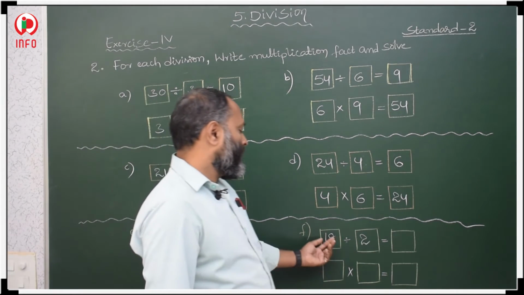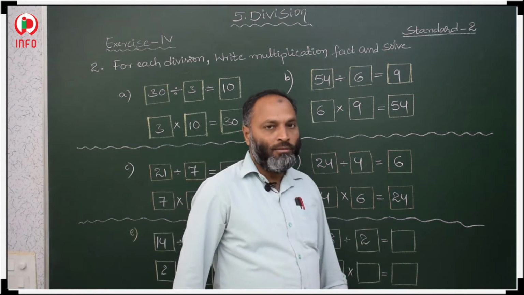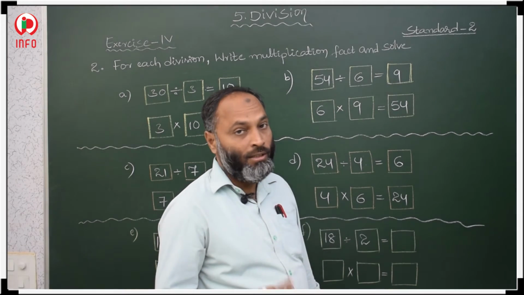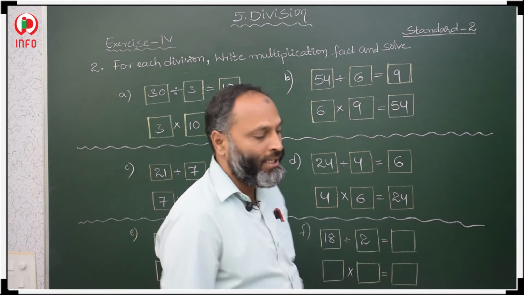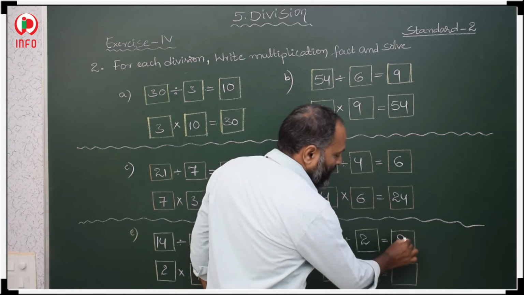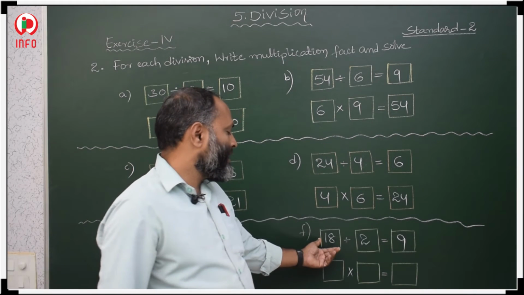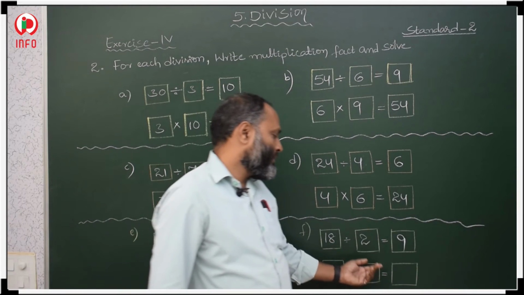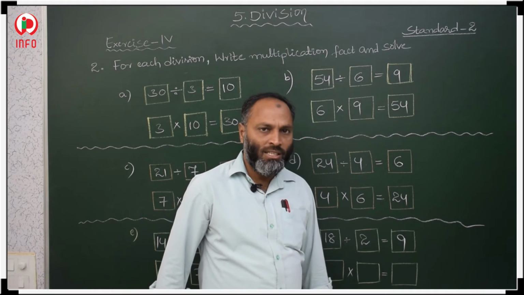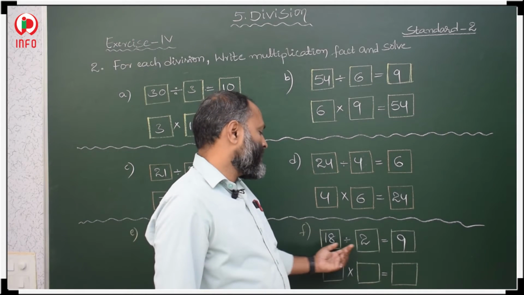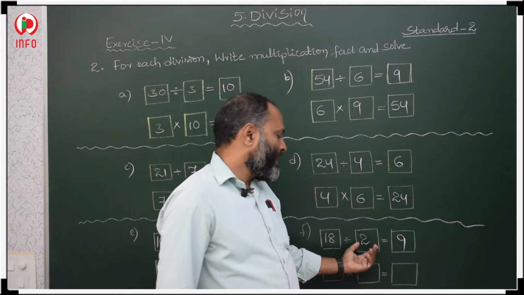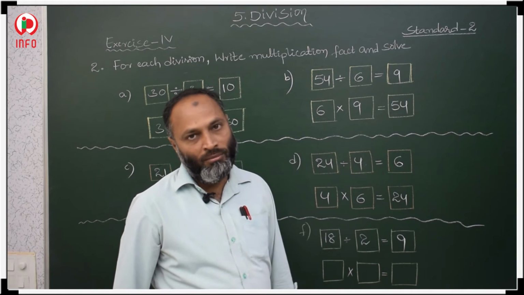Now 18, when will you get 18? 2 7s are 14, 2 8s are 16, 2 9s are 18. It means if 18 is divided by 2, then our answer is 9. It means if 18 is divided into 2 groups, then how many will we form?